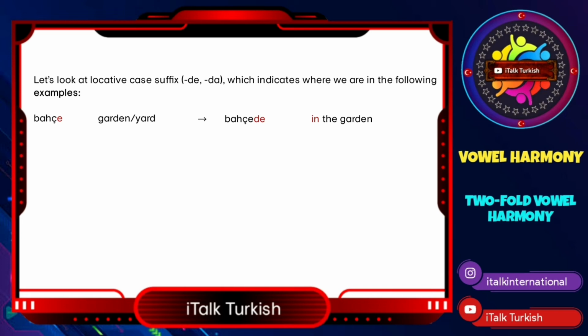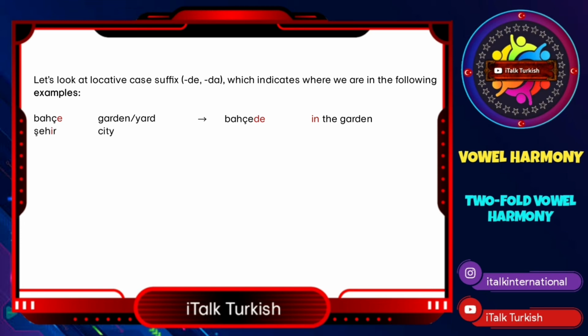We had said that if the last vowel of a word is one of e, i, ö, ü, the suffix takes e. The rule is the same as the plural suffix ler, lar. There are also two options in the locative case, either a or e.